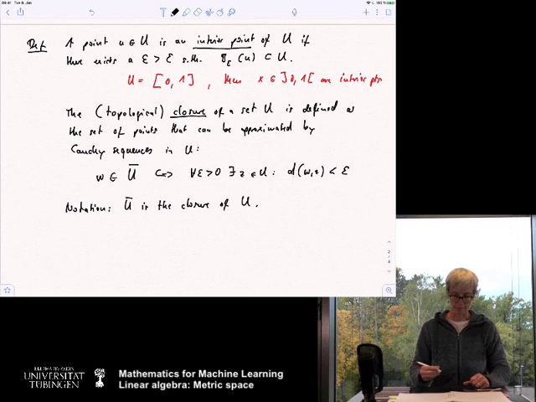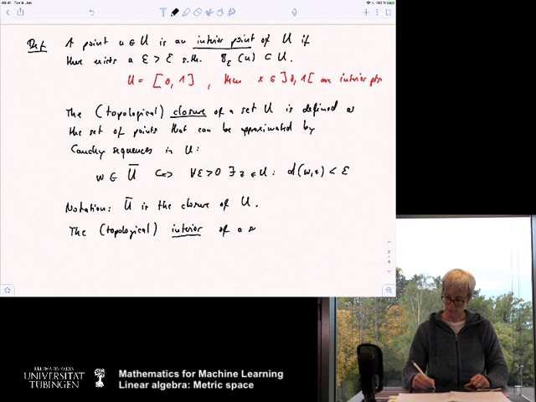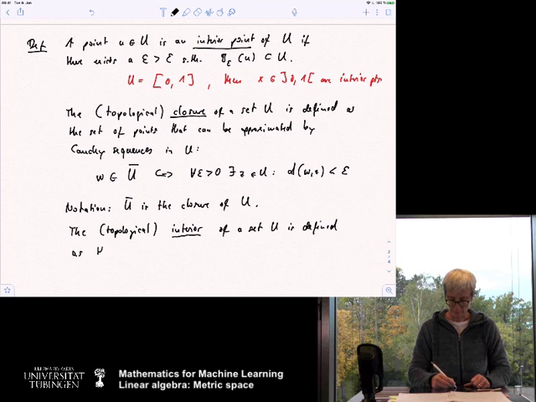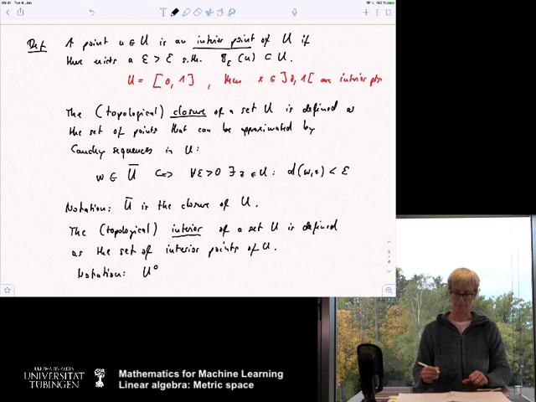So this is the closure of a set. So I say then the interior, also the topological interior, of a set U is defined as the set of interior points of U, and the notation is U circle.